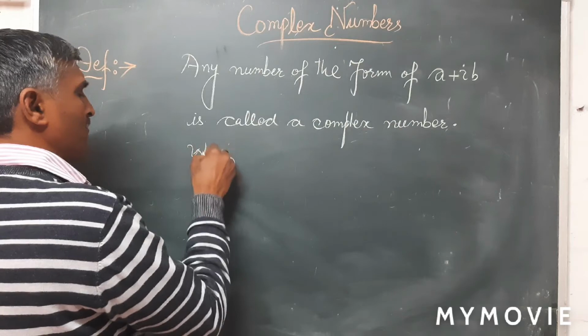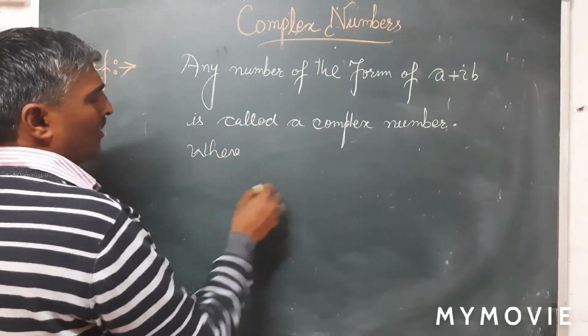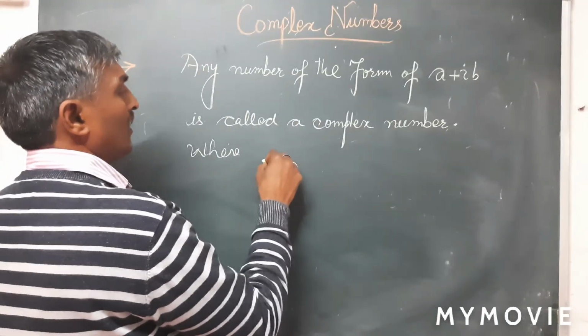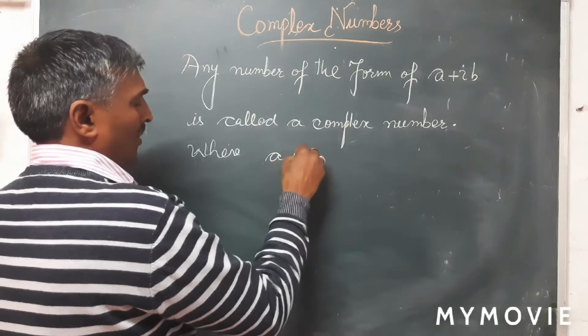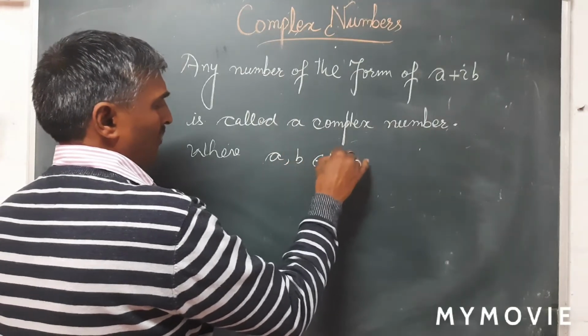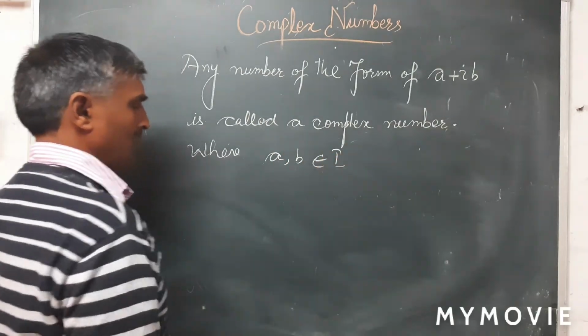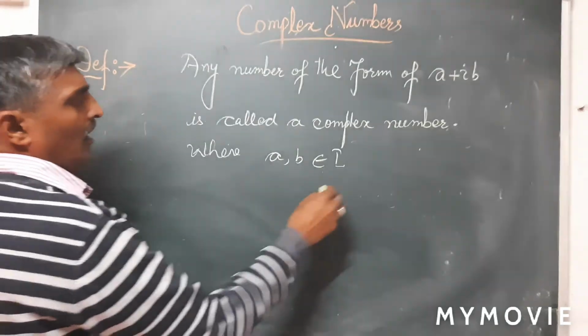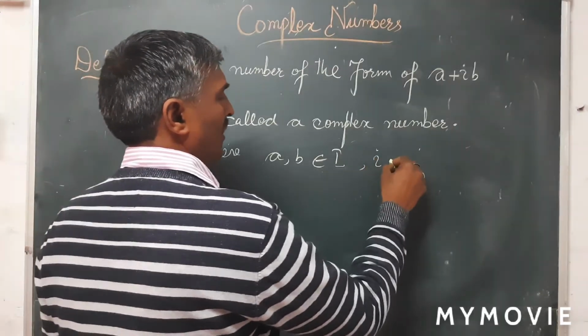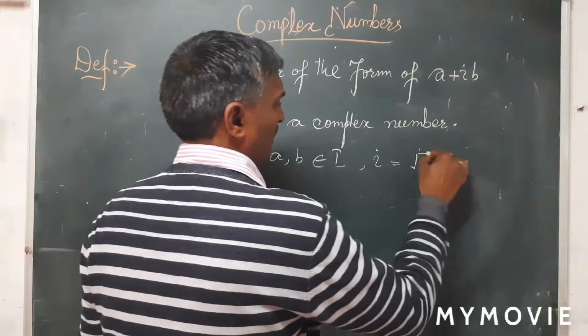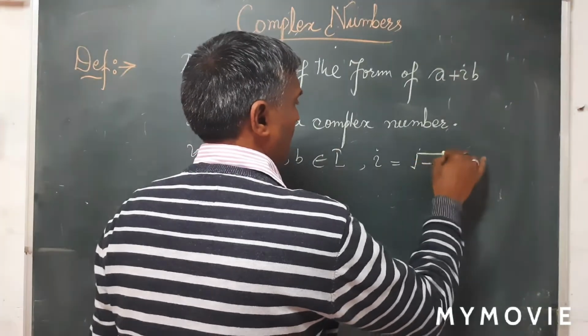Where a, b belong to integers, and iota is equal to the square root of minus 1.